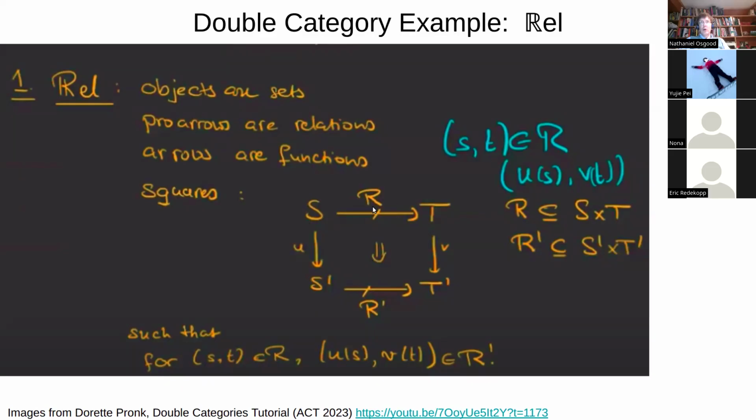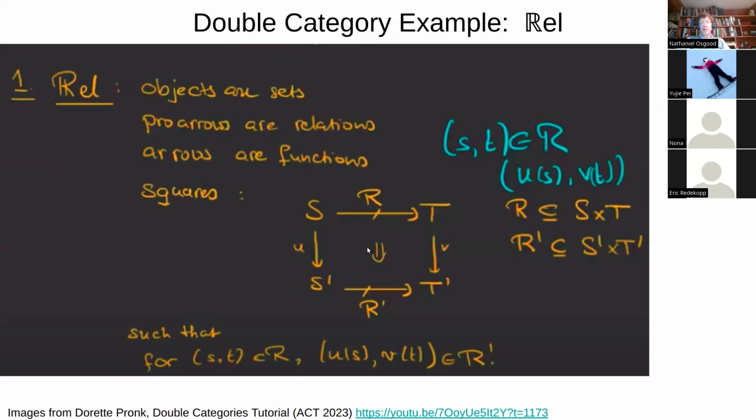So a cell exists if you have S and T and R, then if U of S, so that's hitting this element of S, these are sets, if we hit it with U, and we hit this element of T with V, if that is in R prime, if these two relations are in some sense compatible, given U and V, they're related through U and V. Systematically, you apply U and V correspondingly here, and you get R prime.